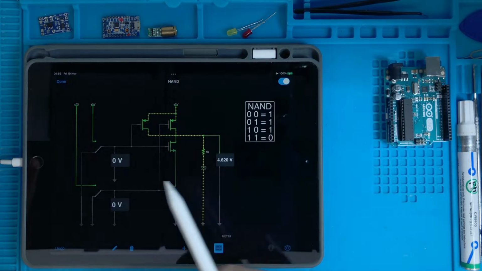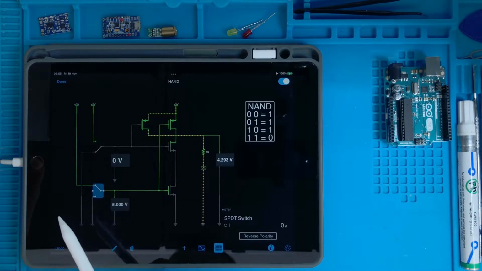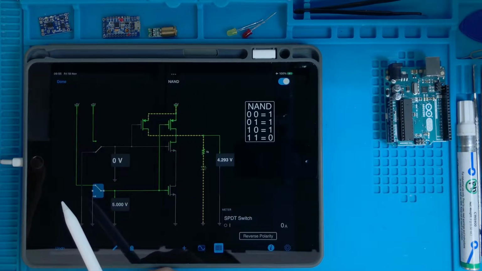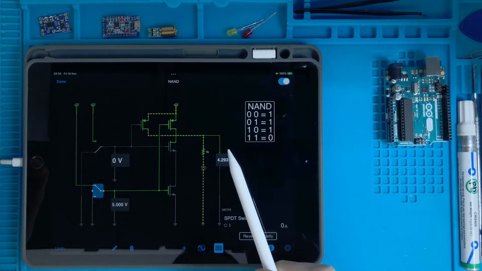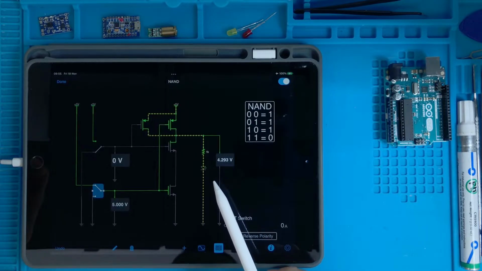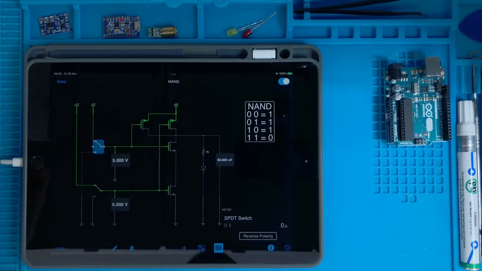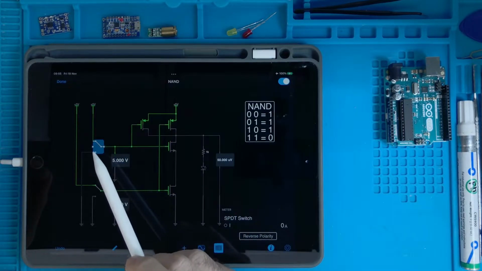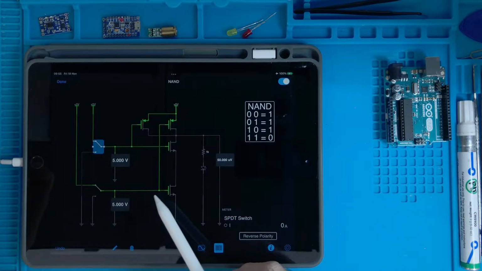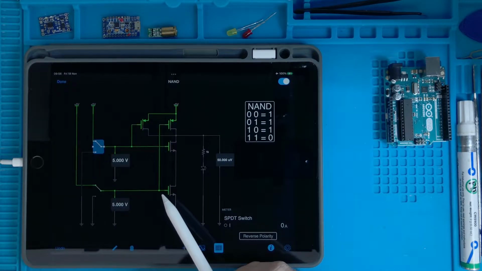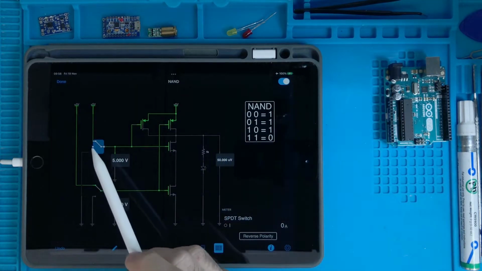Okay, so if I try to modify the input, now I see what happens. So I have to follow all these things. And one interesting situation is this one. When I activate both of the inputs, the gate voltage is done in a way that basically here I have nothing.